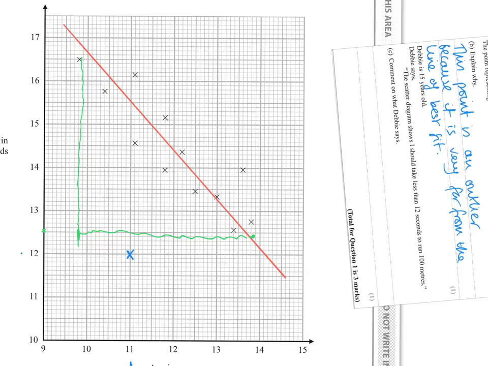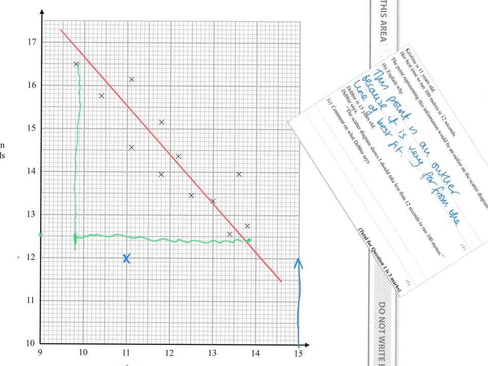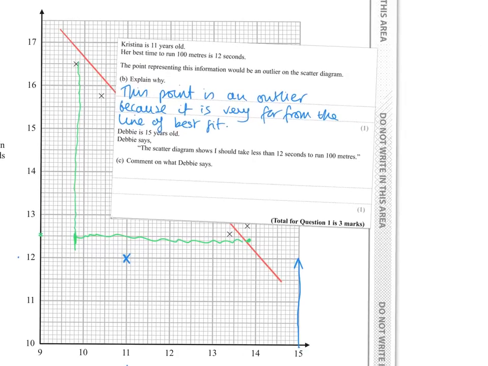Now, if you think about Debbie's age, it's 15, so it's here. So you're going to have to extrapolate or go outside of the data range. So I would say something along the lines of, let's put this around. It's quite hard to do this, by the way. It's not easy.